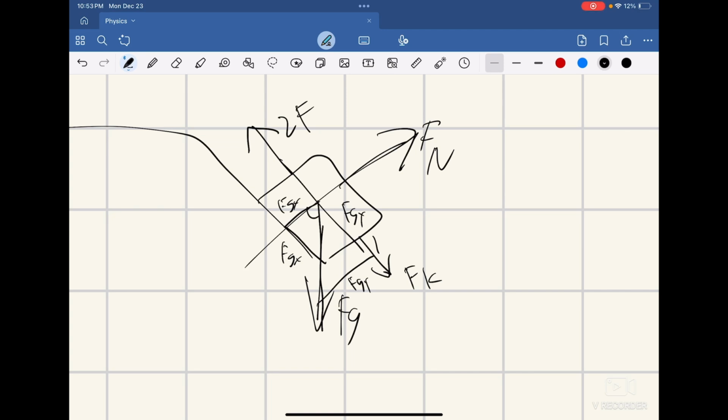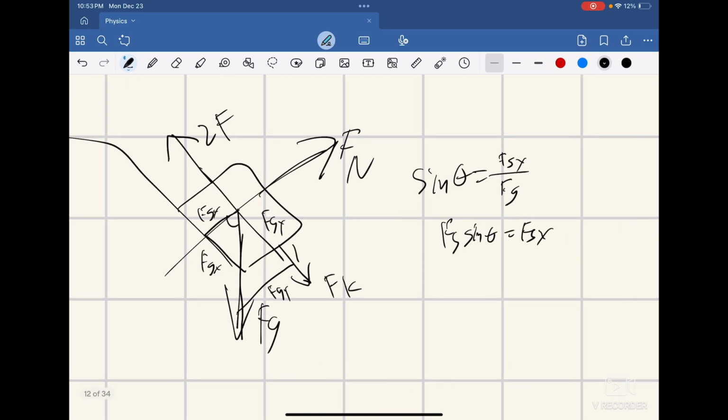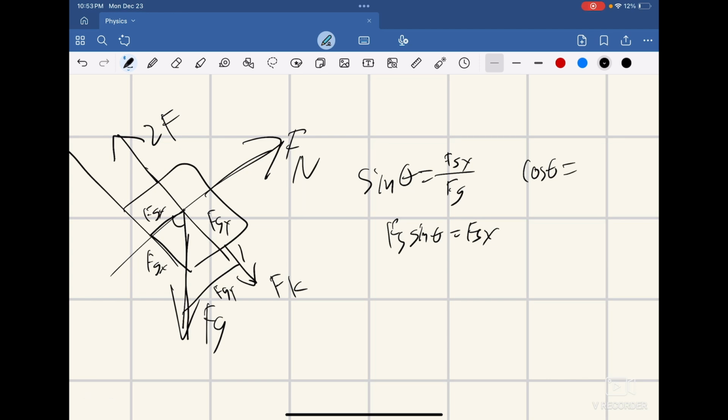So therefore, sine theta gives us F_gx, because that is opposite over the hypotenuse, which is just F_g. Therefore, F_g sine theta is equal to F_gx. And F_gy, similarly, is given by cosine theta, because cosine theta is adjacent, F_gy, over F_g, the hypotenuse, and F_g cosine theta is equal to F_gy.